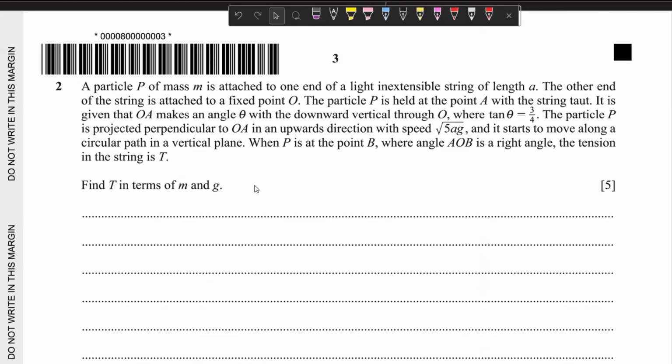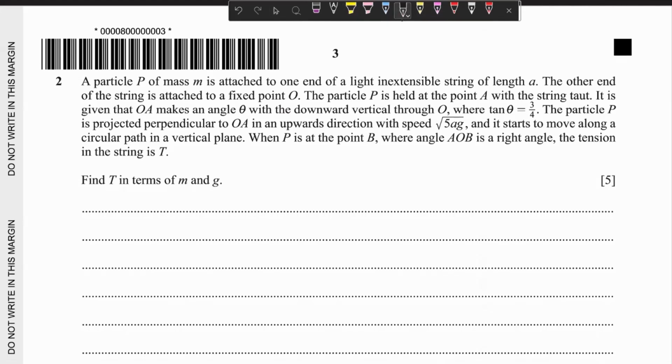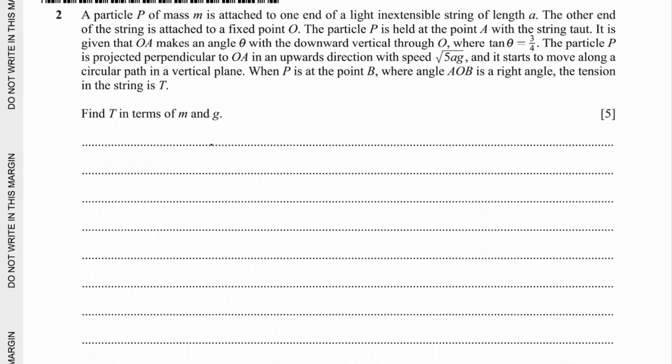All right. So let's try to illustrate what we have been given here. Right, so I'm just going to have this to be a vertical, and I'm going to have this as being the horizontal. All right. So according to the question, we have a fixed point O, and we have a string that is inclined at an angle theta with the downward vertical.